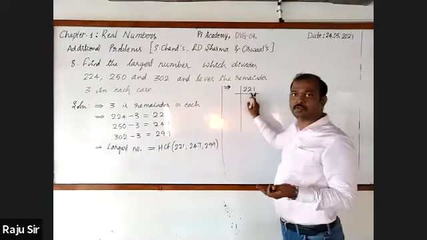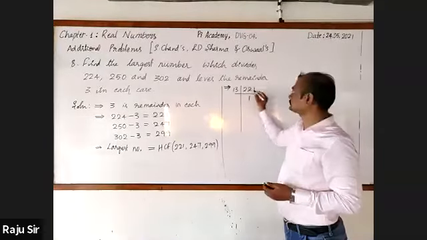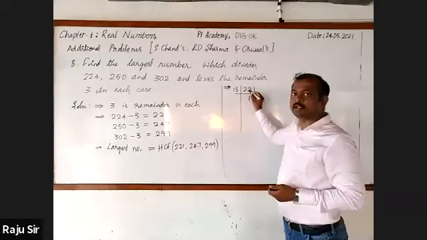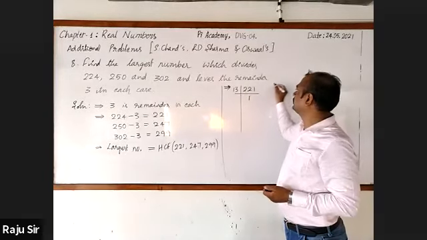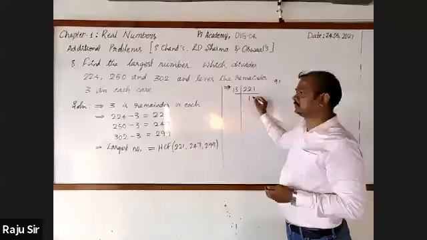Just by observing only, you can come to know that. 13 ones are 13. You get 9. Then 1, it will be 91. 13 how much are? 7, sir. Yes.